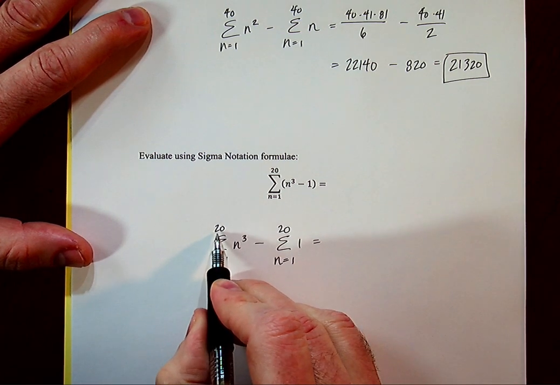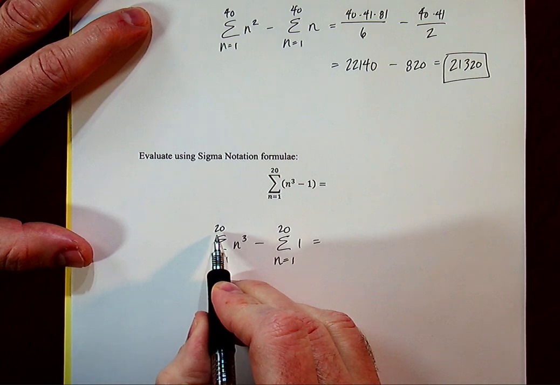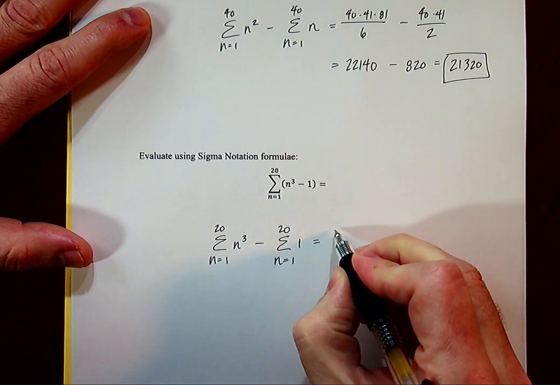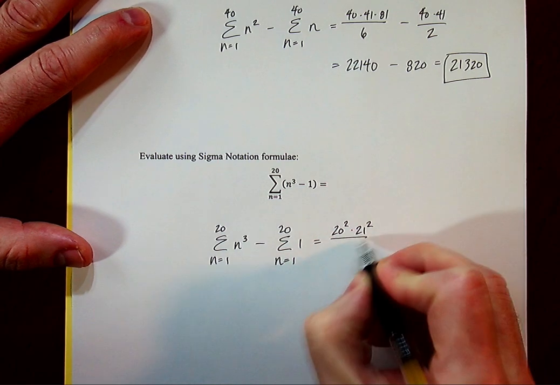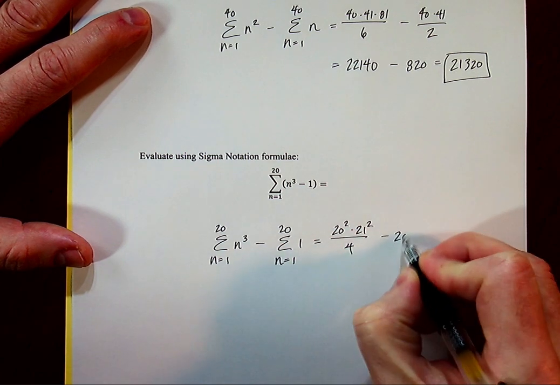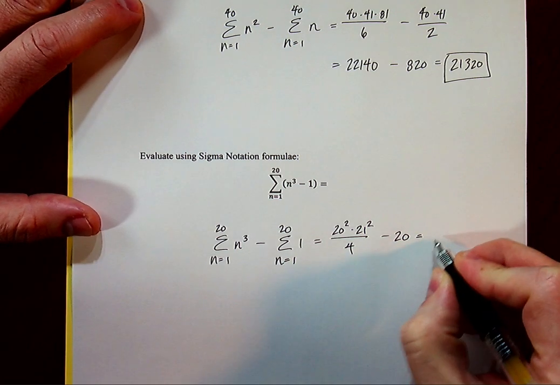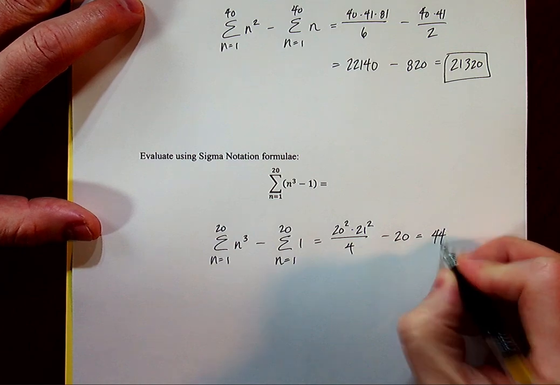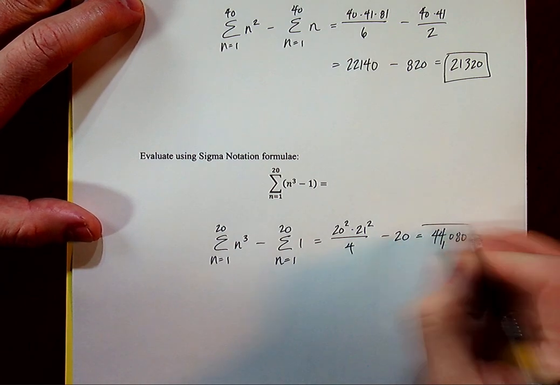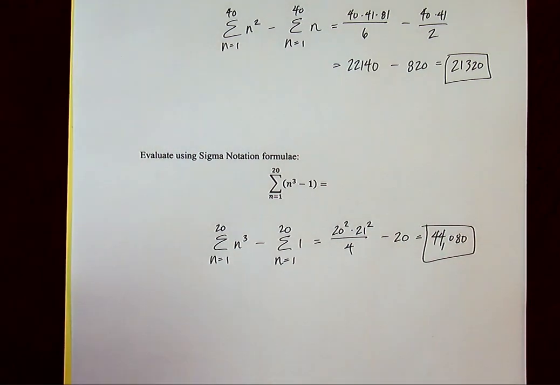That's going to be the number that goes into my formula, and since it's n cubed, we're going to get 20 squared times 21 squared over 4, minus 20. And if you do all the calculations and work it out, it actually winds up being 44,080.